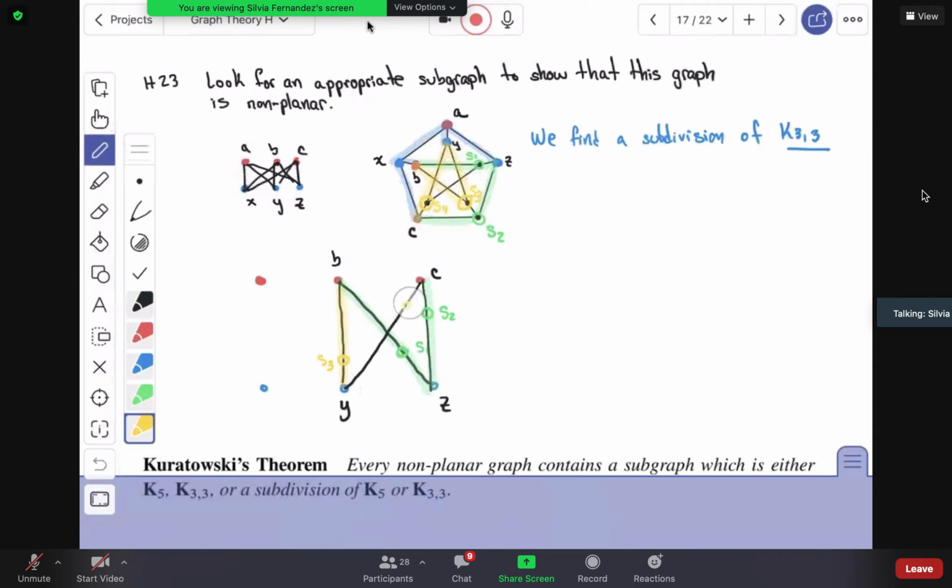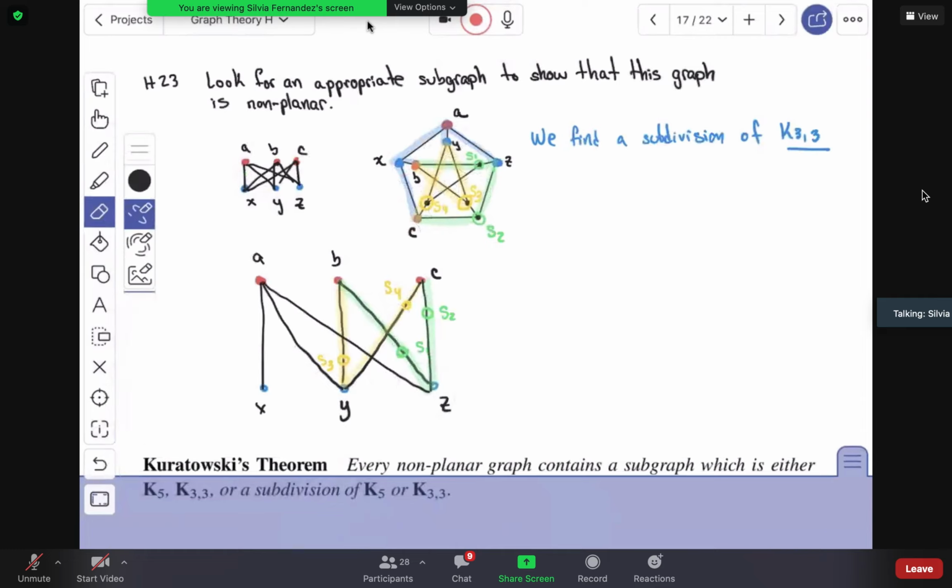I'm just labeling S4. So I guess I'll do it here. It doesn't matter where on the edge. So that's S4, and that's my other yellow edge. And for all the other edges, like from A to X, Y, and Z, I just have blue edges, right? So from A to X, Y, and Z, I just have those blue edges.